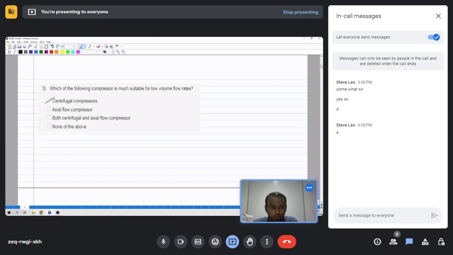When the volume flow rate goes high, then it is advisable to use axial flow compressors, where the efficiency is better for high flow volume.